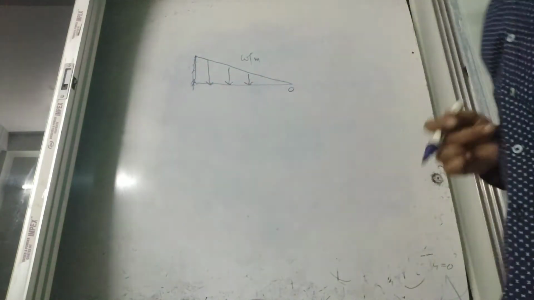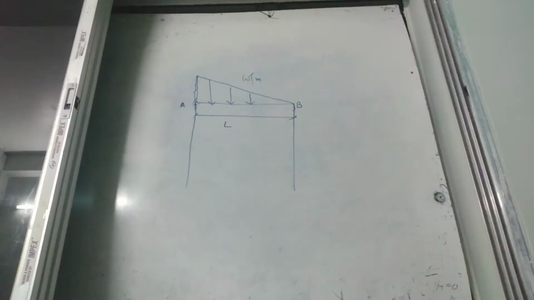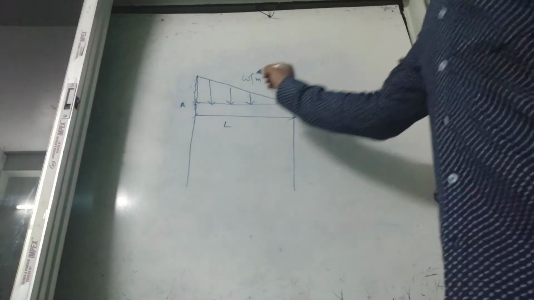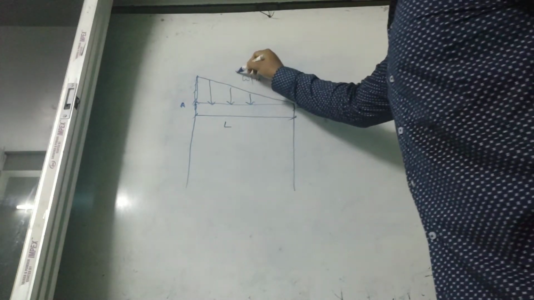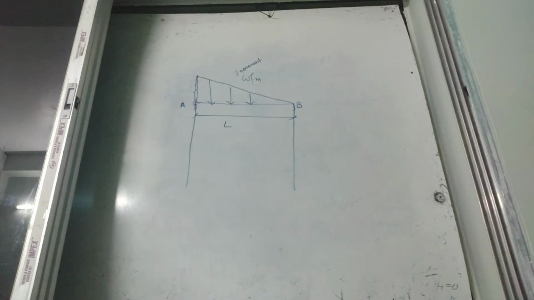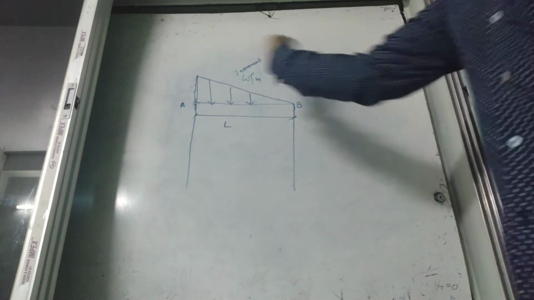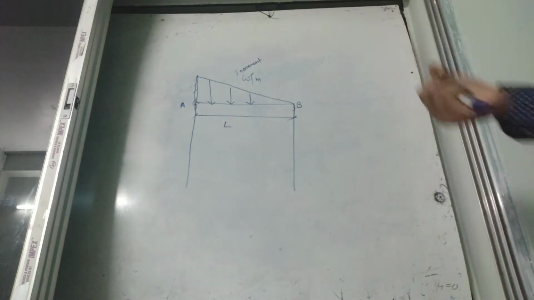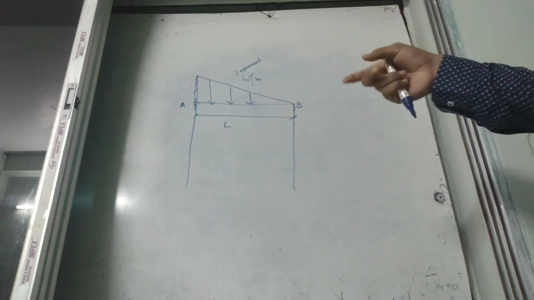How will we deal with that? Here the UVL increases by W per meter, meaning the load is developing. If we go 1 meter, that is W. If we go 2 meters, then 2W.